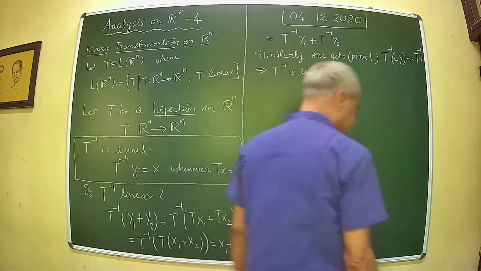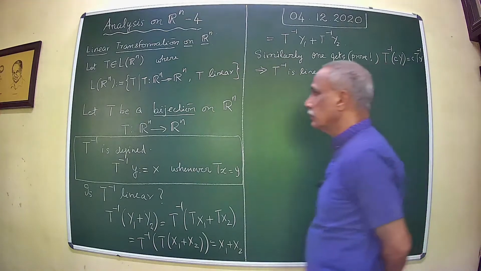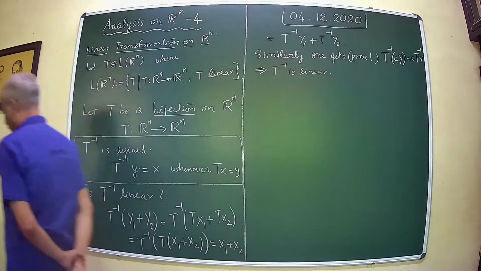Therefore, as expected, T inverse is also a linear transformation from Rn to Rn.